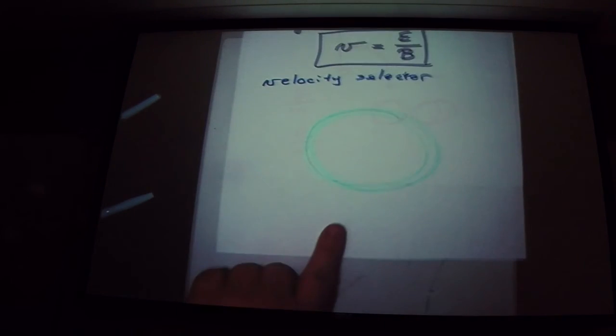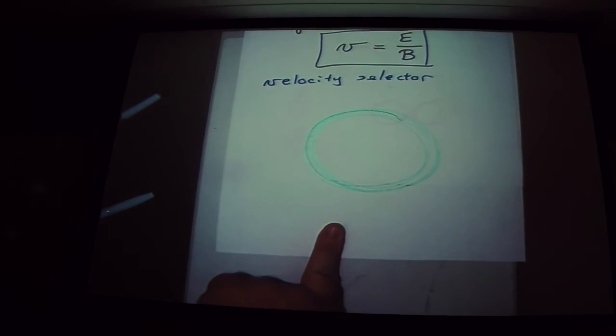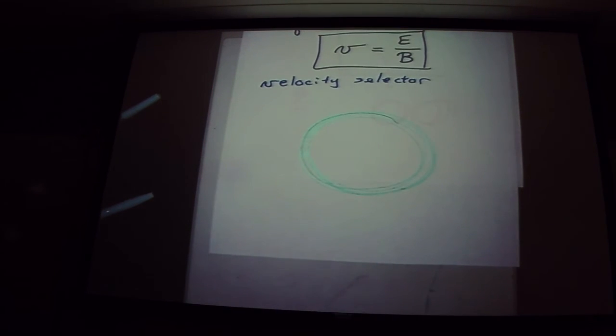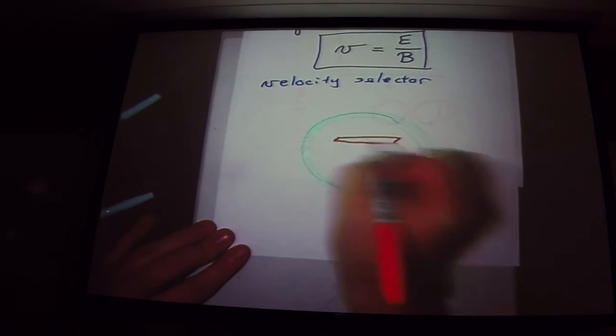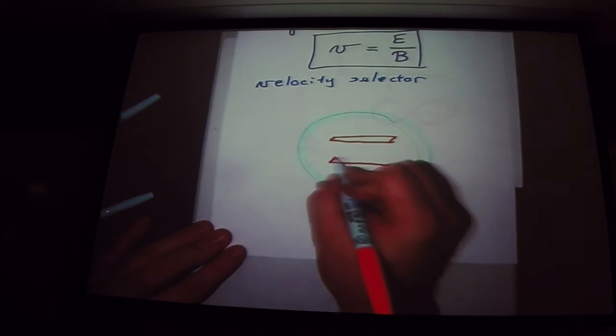This is how we try to generate a uniform magnetic field. Those Helmholtz coils are designed in such a way that it's uniform in the middle, but the farther away you get from the middle, it's not. You have these plates to try to generate the uniform electric field.